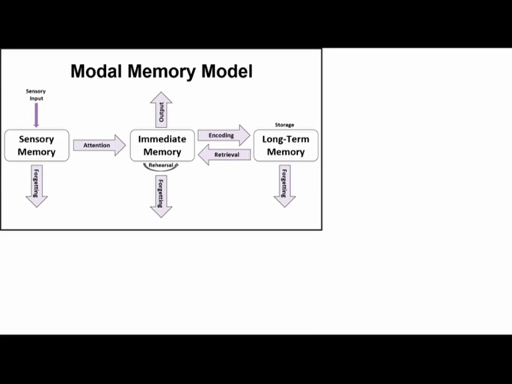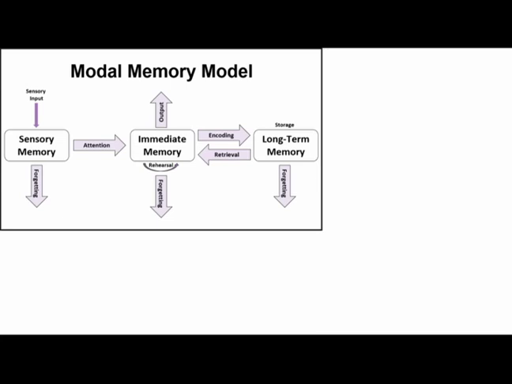That's that moment of, wait, what did I just see? Or what did I just hear? If we choose not to pay attention to that information, if it's deemed irrelevant, we can immediately forget it. So we have forgetting at each of these stages; information can be lost at any stage.